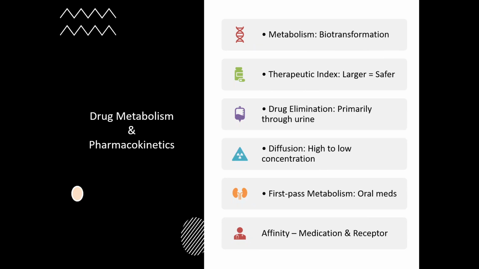But let's talk about first pass metabolism. Basically what they mean by this is, again, what I mentioned earlier about the liver and how it changes many of the drugs in the first pass metabolism before they can enter systemic circulation, where they can have their effect on their target tissue.